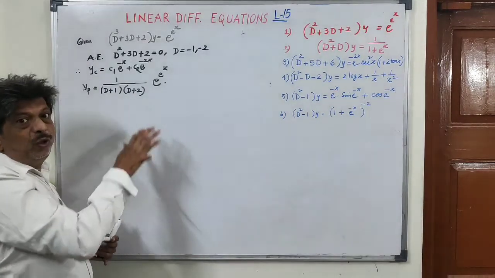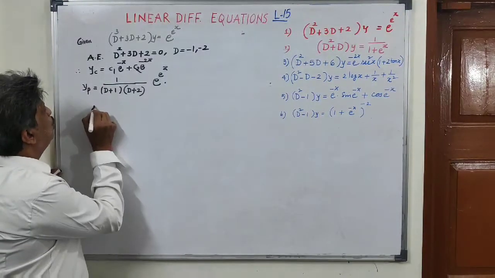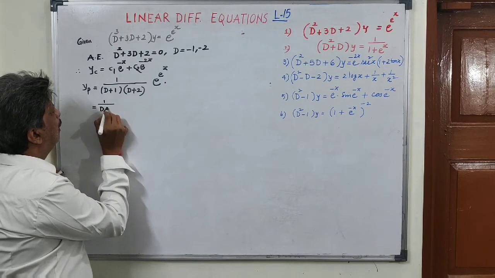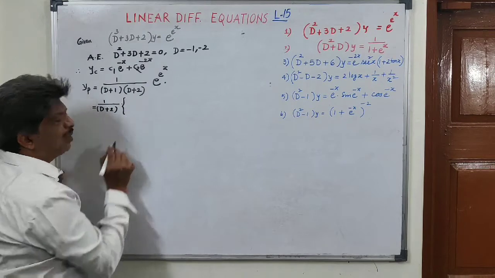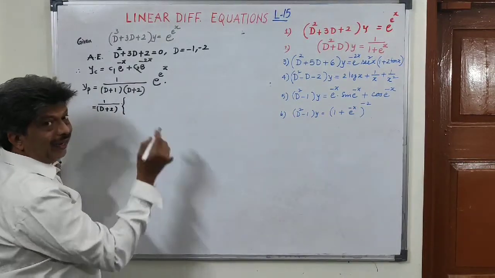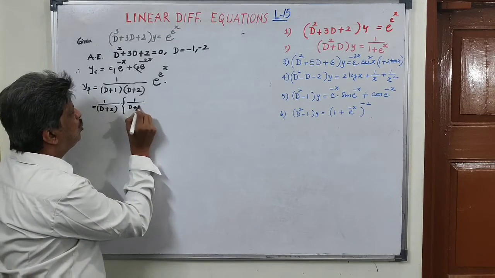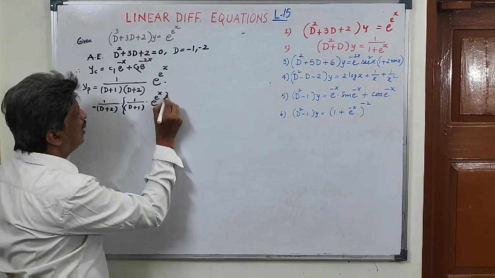Here, I am using the general integral formula. This is further equal to 1 upon (D plus 2). See here, there are two factors in the denominator, D plus 1 and D plus 2. I am keeping D plus 2 outside, and in the inner bracket I am writing 1 upon (D plus 1) operating on e raised to power x.